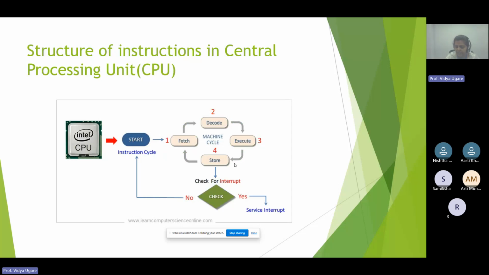So interrupt here does not exactly mean disturbance. Interrupt means any service required by the user when the processor was busy executing one cycle. That's why the name interrupt is given.